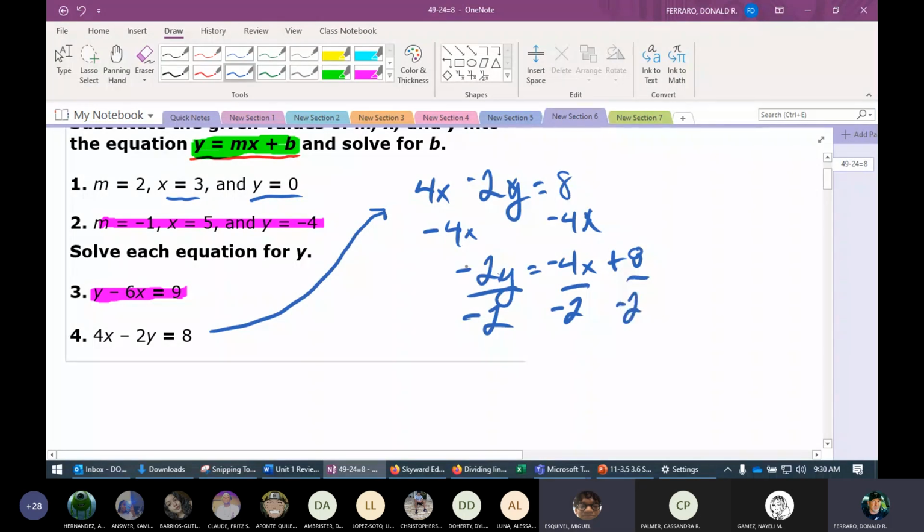Yeah. Okay. And negative 2 divided by negative 2 is a positive 1, right? So that's just going to change it into 1y or y. Now we got negative 4 divided by negative 2. Positive 2, so that's 2x, right? Yes. And then it's equal to, oh no, my positive 8 actually.